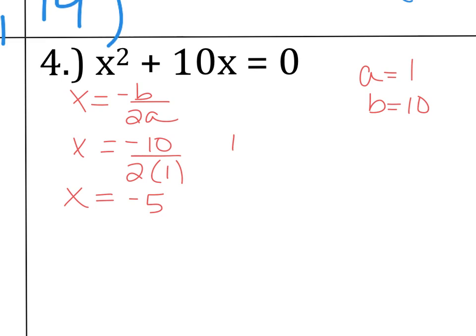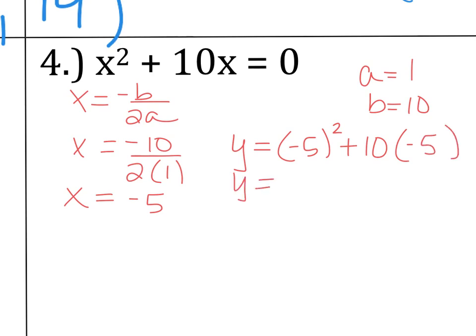And then I'm going to plug in -5 into x squared plus 10x. -5 squared is going to give me positive 25, and then this is going to give me -50. Okay, so my vertex is -5, -25. But when I write it, it's going to say x plus 5 squared minus 25.